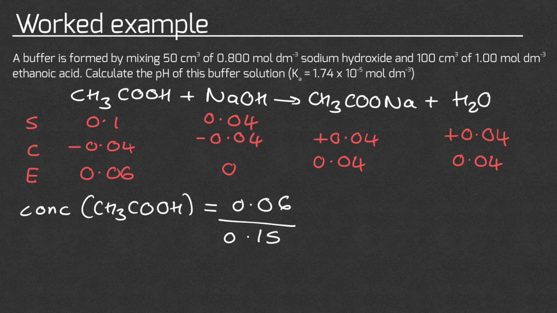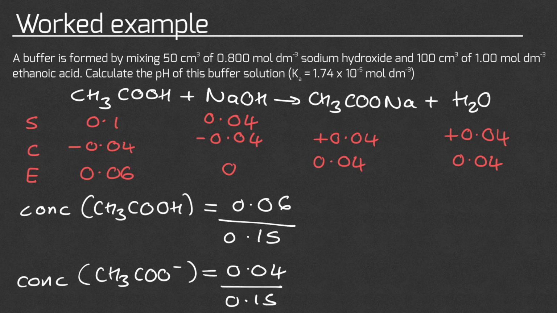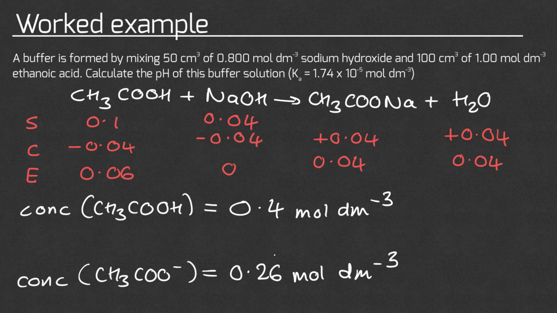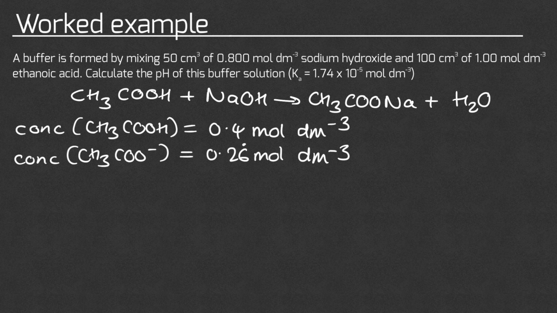We can now use a rearranged moles equals concentration times volume equation, so the concentration equals the moles divided by the volume, to work out the concentration of the ethanoic acid. We'll do exactly the same process for the ethanoate salt. Giving overall concentrations of 0.4 moles per decimeter cubed for the acid and 0.26 recurring moles per decimeter cubed for the salt. I've rewritten them up here to give us a bit more space.